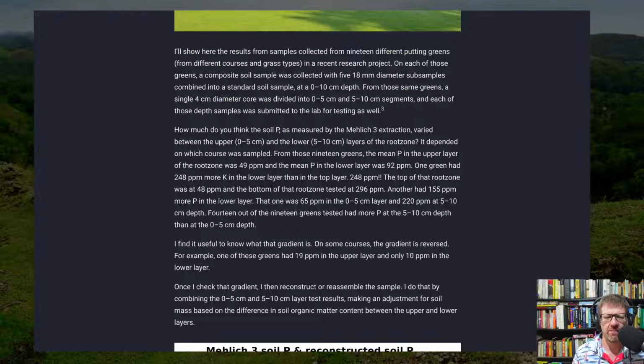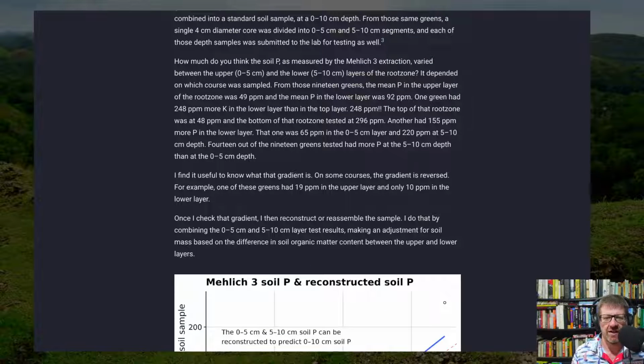So I mentioned in the post that we can reconstruct these, and we can reconstruct them because we know the depth of the 0 to 5 centimeter section. We know the depth of the 5 to 10 centimeter section, and we get an organic matter value for each one of those depths.